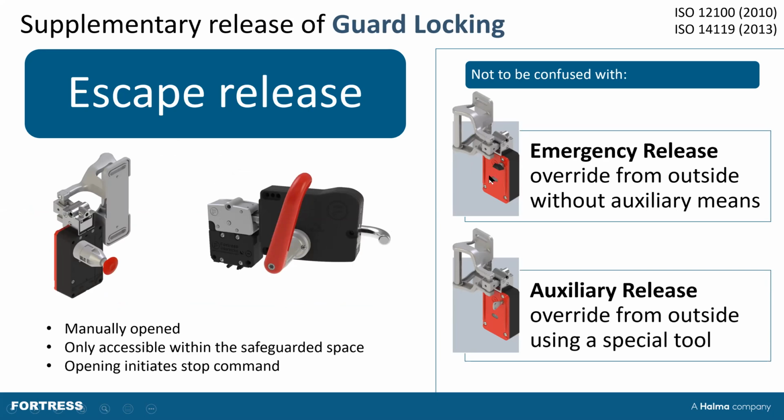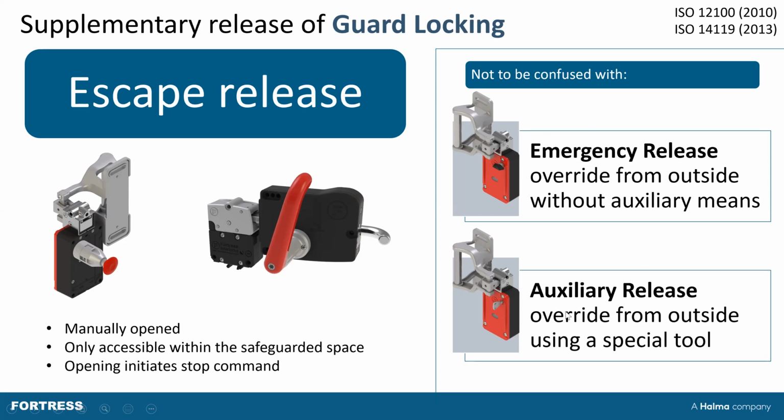It's not often recommended because it means that you can override a safety function. Occasionally it's required for fire risk or if there's a certain risk which makes it worth it. But again, risk assessment is really important to decide if that's a sensible option or not.